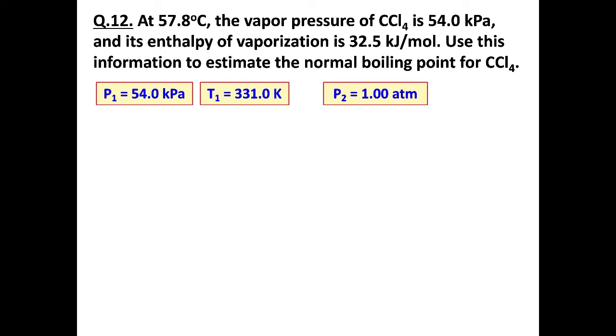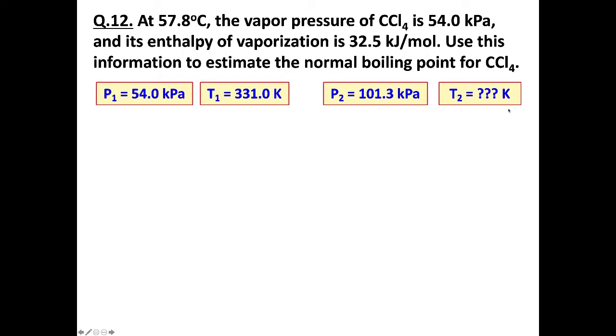It's important to note that normal boiling point means that the vapor pressure equals atmospheric pressure, which is 1 atmosphere, or 101.3 kilopascals if we're in units of kilopascals. So for the second pressure-temperature point, we don't know the temperature.